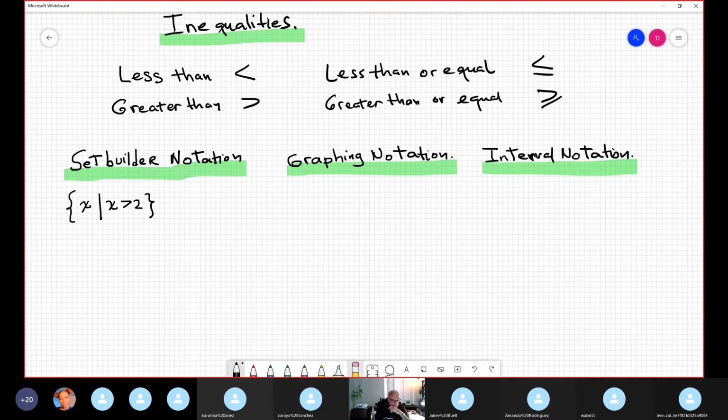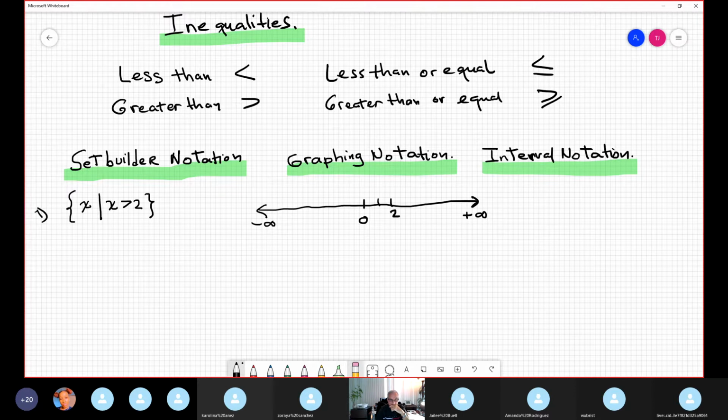How do you represent this on the number line? Now, this is my famous real number line. This is 0 in the middle. This is positive infinity, and this is negative infinity. In my example, number 1, 2.